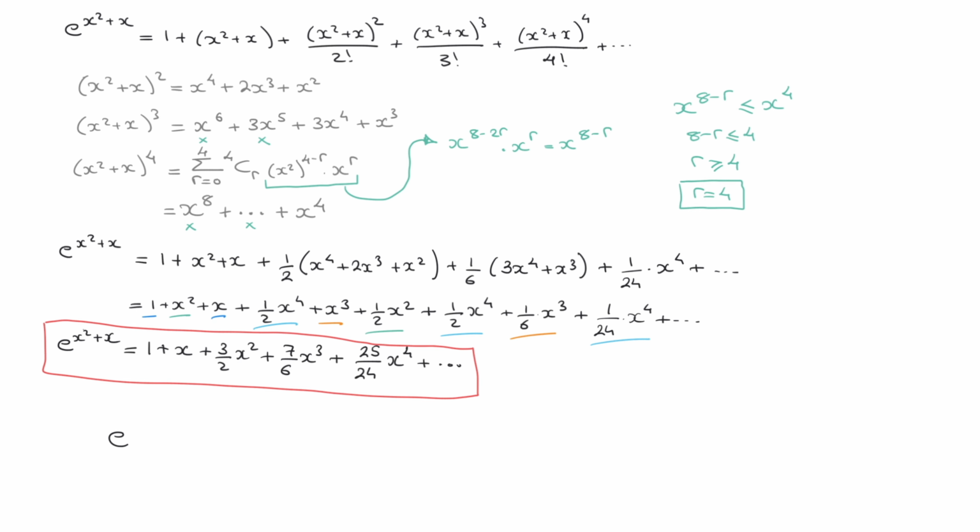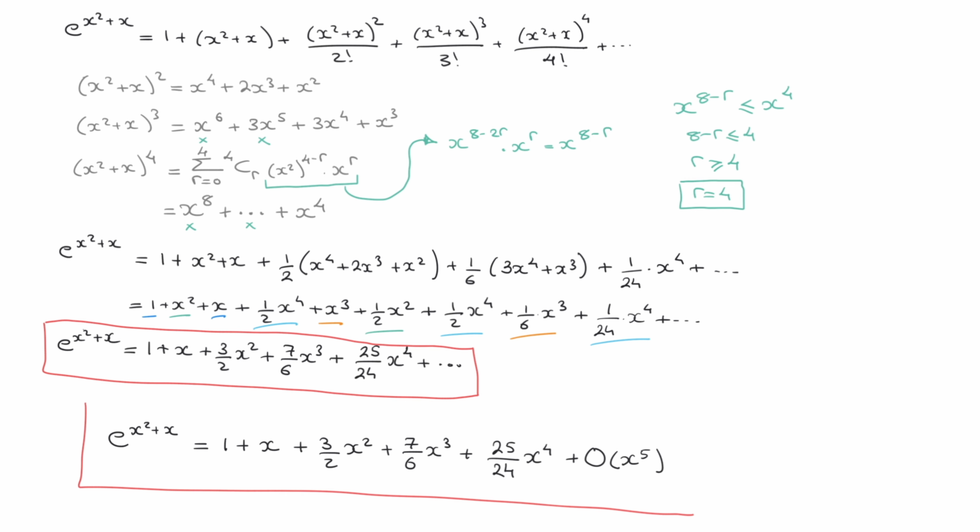We could also write that e to the power of x squared plus x is equal to 1 plus x plus 3/2 of x squared plus 7 over 6 x cubed plus 25 over 24 x to the power of 4 plus a capital O like this, and in parentheses x to the power of 5. And I'll go ahead and box that final answer.